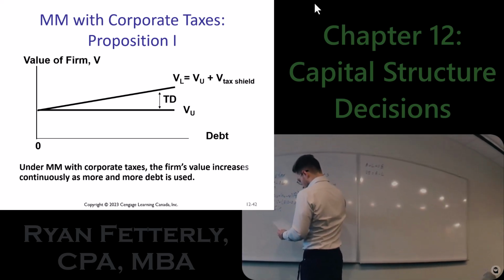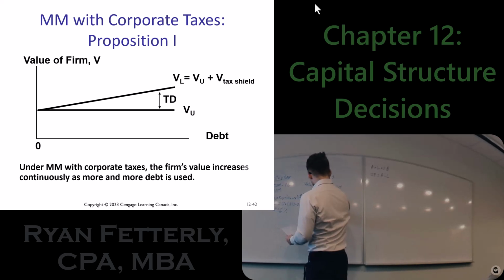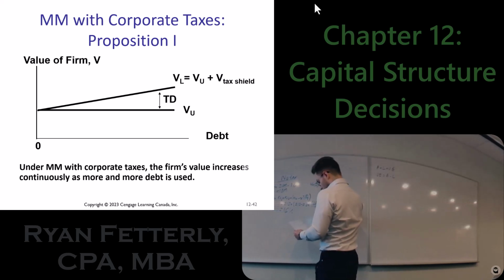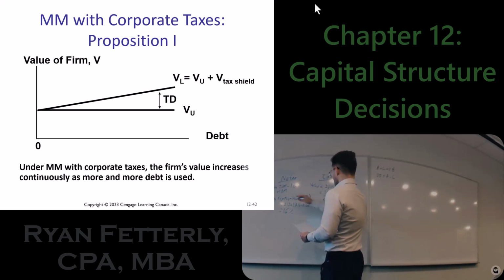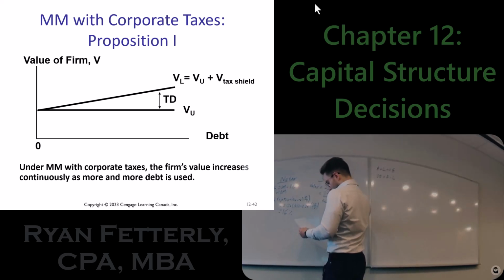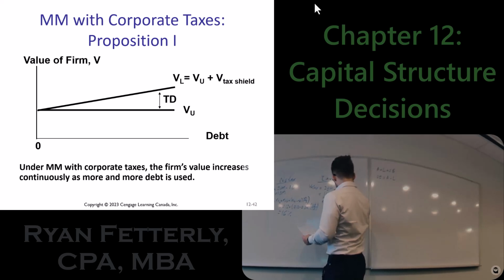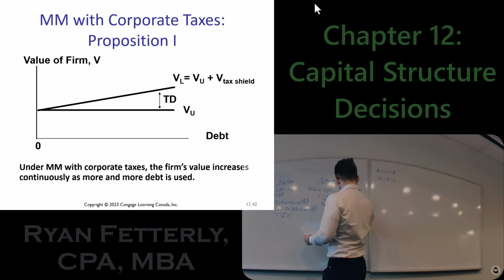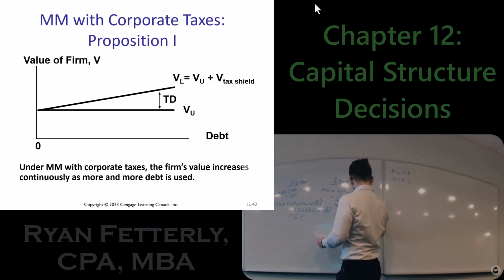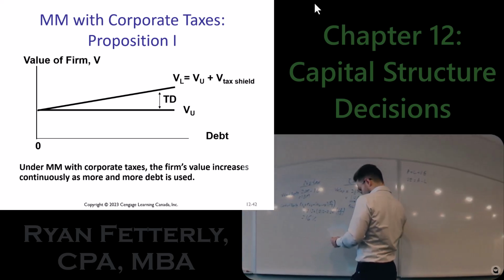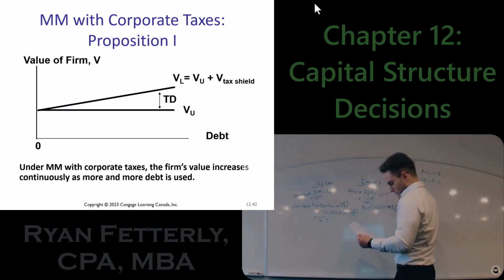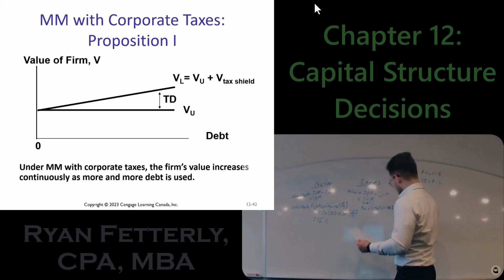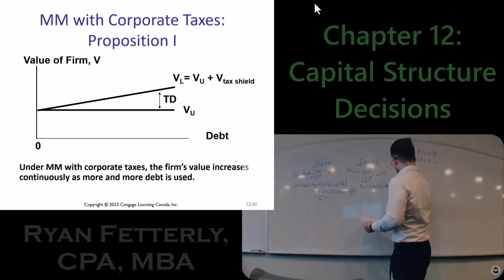Whereas when I factor in my tax implications over here, for the exact same formula, we do RS of a leveraged firm equals 12% like we did over there, but plus 12% minus 8%, times 1 minus the tax rate. So 1 minus 40%.